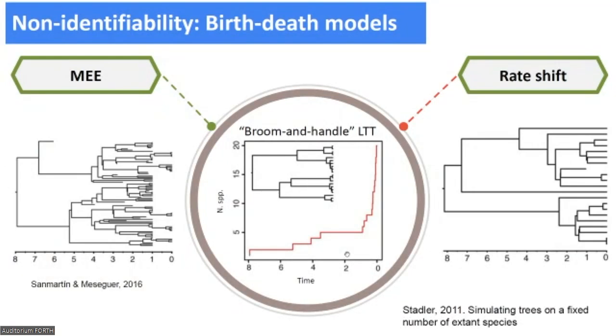One example of this non-identifiability was proposed by Tanja Stadler for discrete time-dependent models. She compared a constant birth-death model with a mass extinction event at a discrete time t, and a model where the diversification rates change in a discrete form. And she noticed that they generate the same LTT plot, so you cannot differentiate among them.